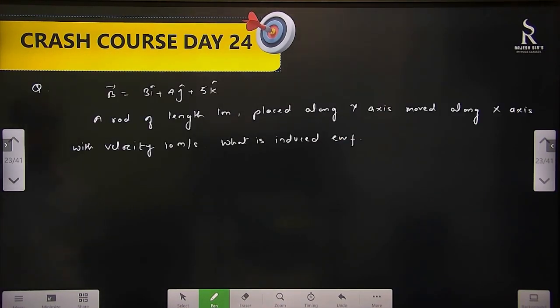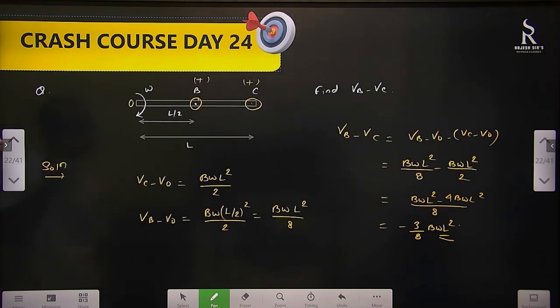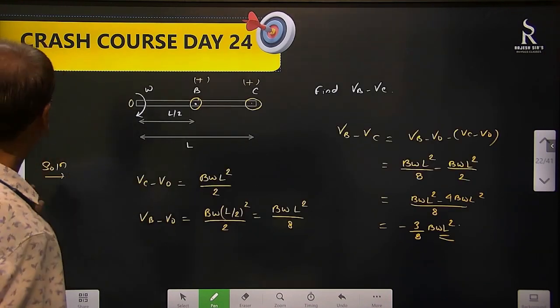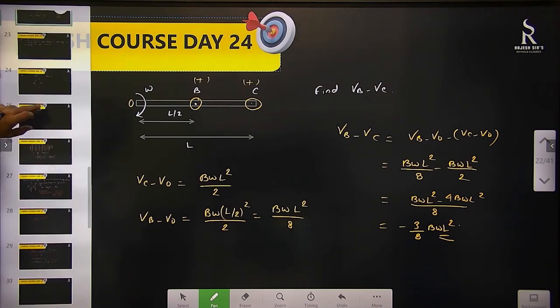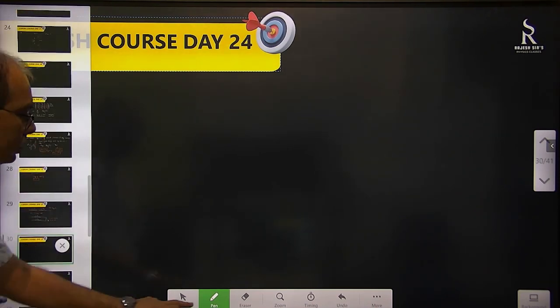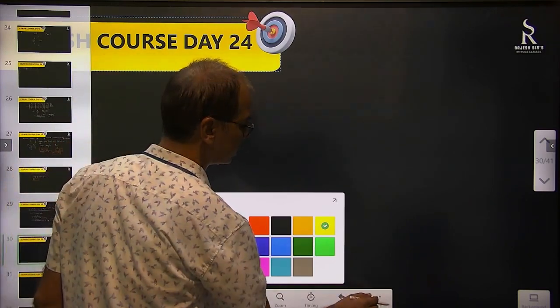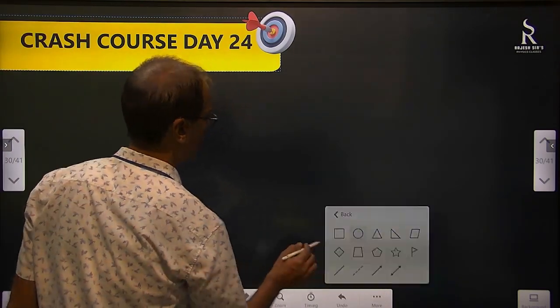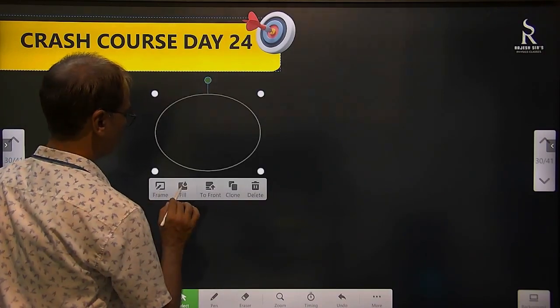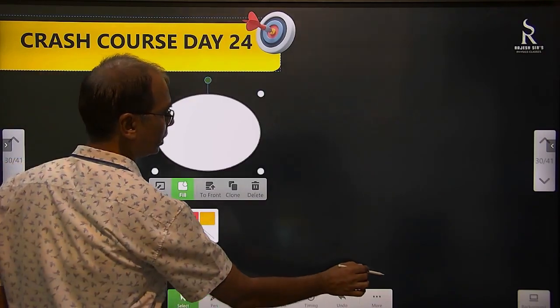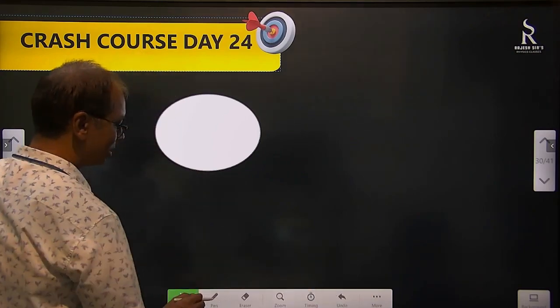Okay. Then here only I'll give you another question. Now suppose I have one disk. This is a disk, solid. The solid disk. Okay.